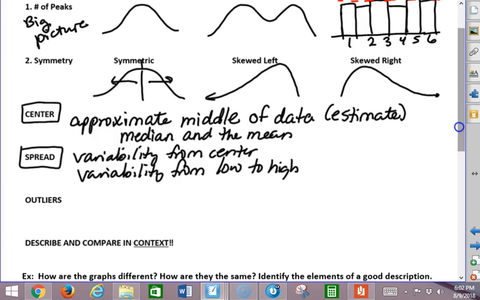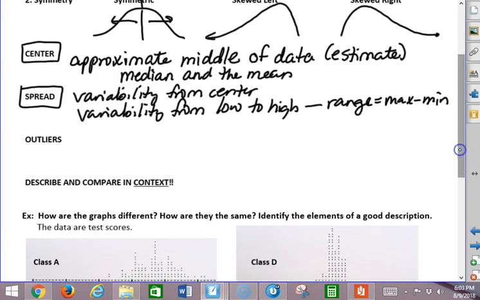Sometimes it's called standard deviation, sometimes it's called IQR. Variability from low to high is called range. Range equals the maximum minus the minimum. So that's a good number to use. You could also just say, when you're talking about spread, that the lowest value is such and such and the highest value is such and such. That would be a way to talk about spread.